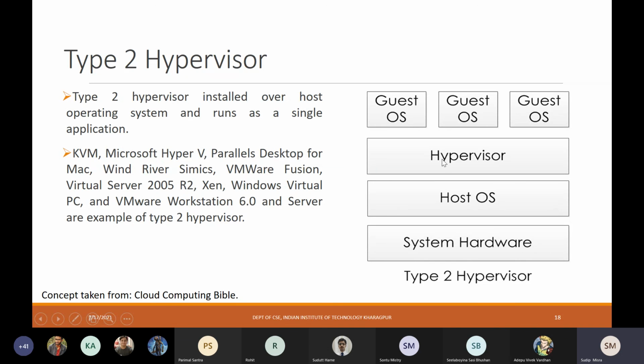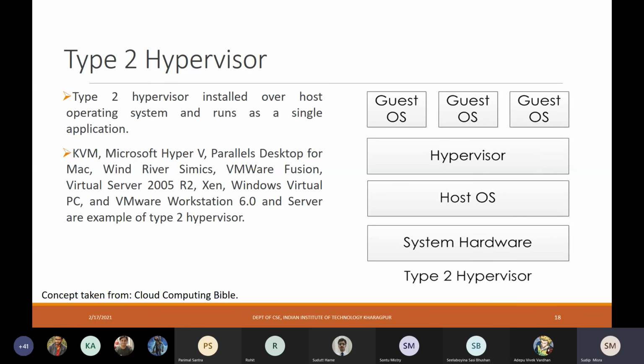So this hypervisor, the type 2 hypervisor, basically has an underneath host operating system which helps it to perform, right? And on top, as you can see, there are different guest operating systems like this running on top of these individual hypervisors.